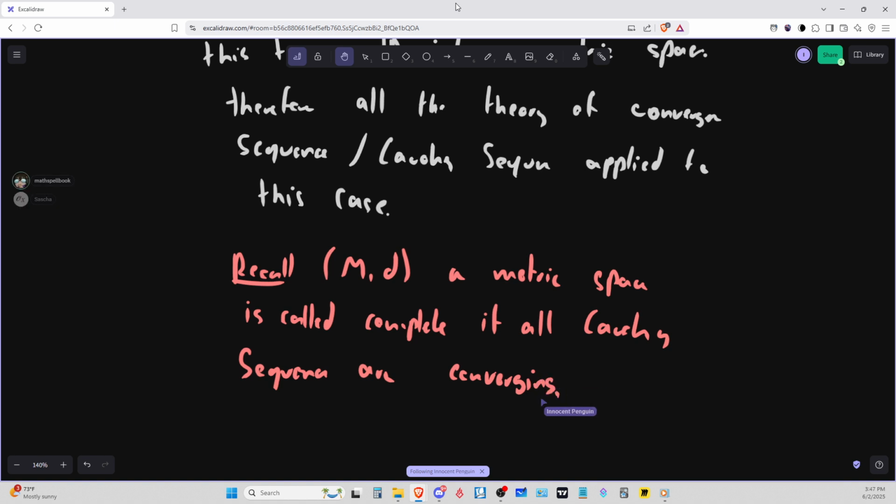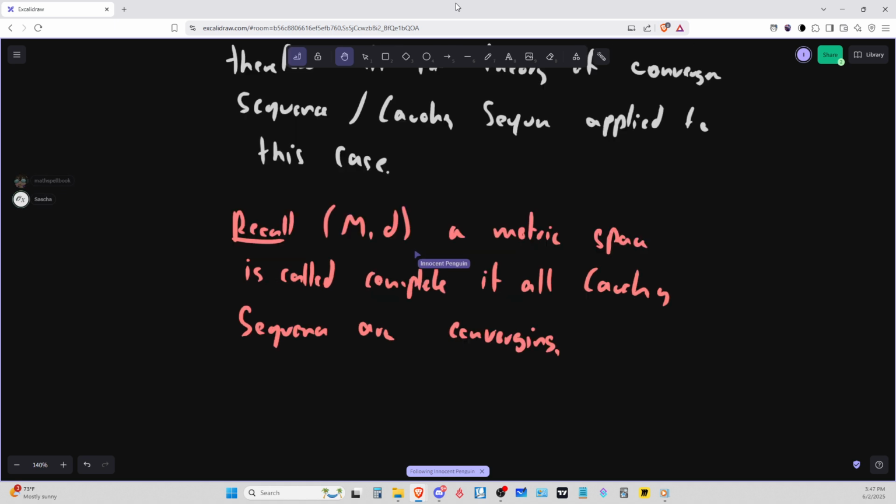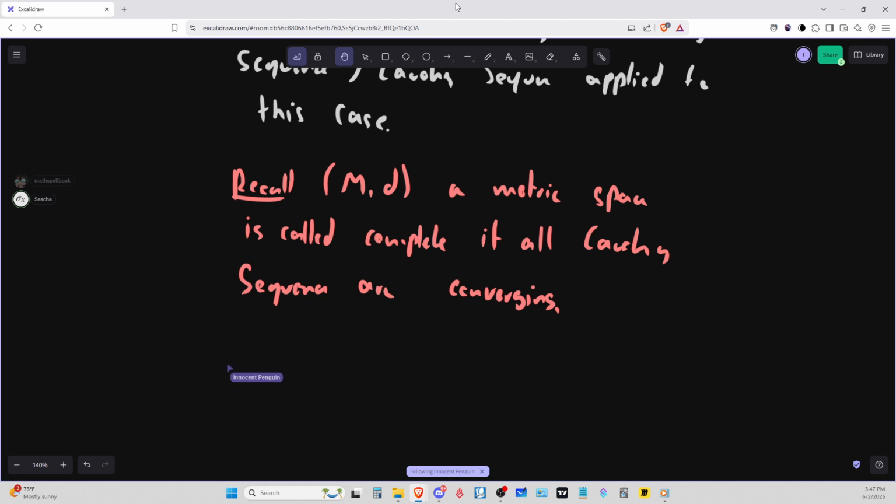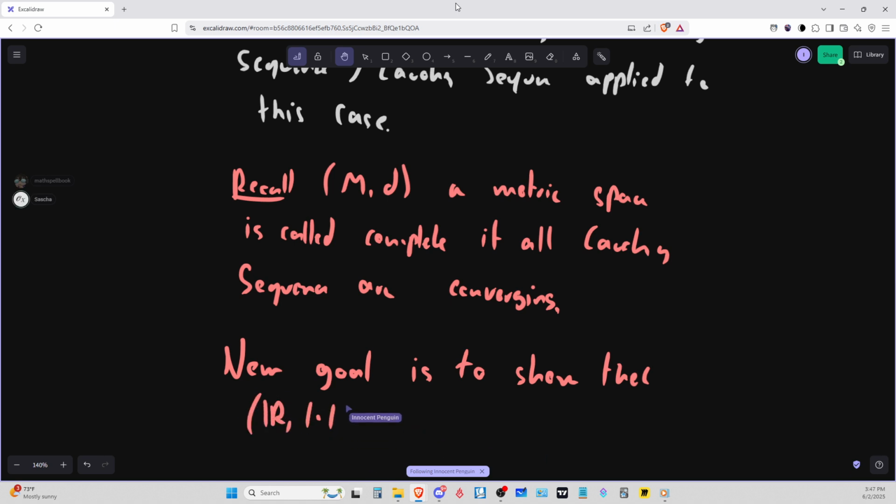And one thing that we saw with the rationals, which is kind of the whole point of constructing the real numbers, was that the rationals were not complete. Now one of the new goals that we have is to show that R with this absolute value that we defined earlier, I mean the distance that we defined earlier, is a complete metric space.